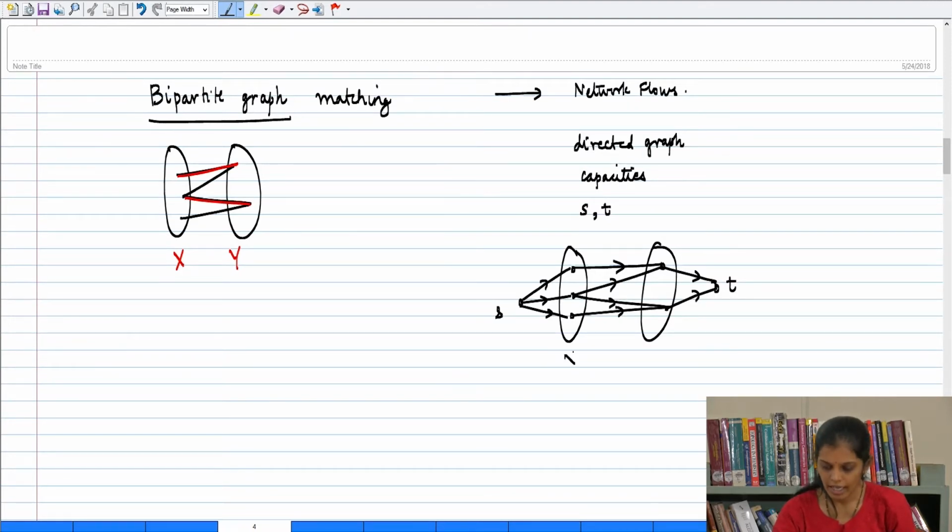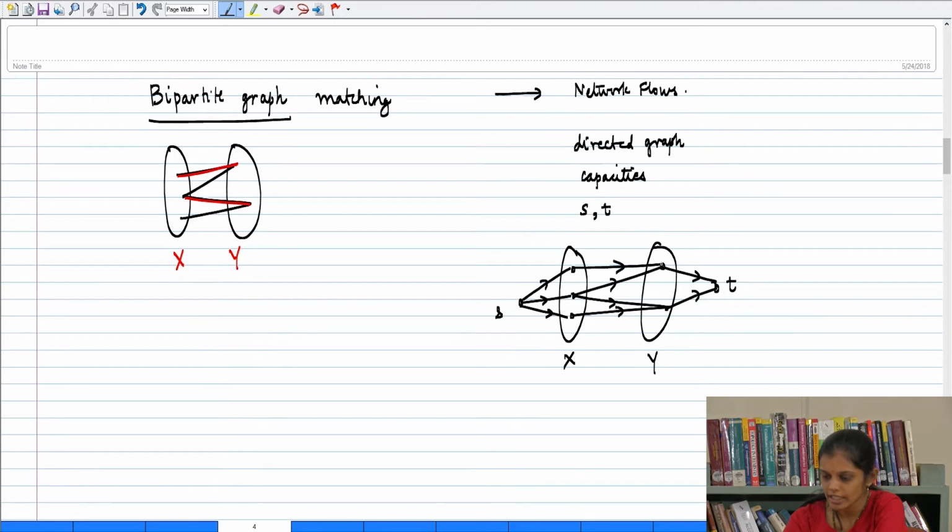So I have completely described the flow network except for the capacities, as I promised. What I have done is taken all the edges in the bipartite graph and directed them from one side to the other. Choose any side, but choose that for once, direct them from one side to the other, and then add two vertices S and T, and from S to every vertex in X you add a directed edge.